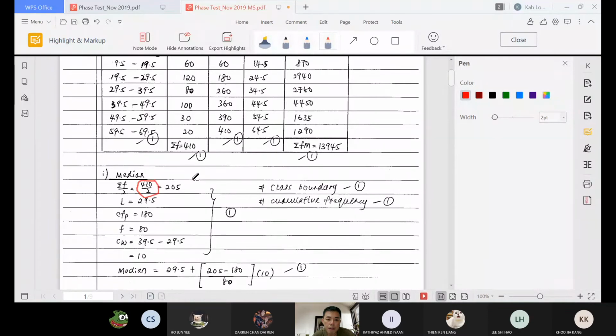I understand that you have forgotten already, but I hope you don't fail my test, because this is a super easy chapter. So to find the median, take sigma f over 2. So you get 205.